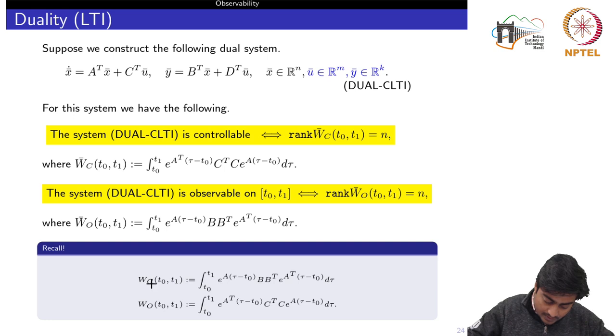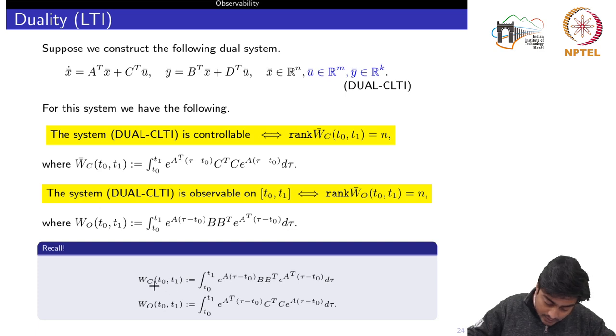Recall the controllability Gramian and the observability Gramian which we had seen in the last slide. I put this on the same slide so that we can easily visualize the relationship between the controllability of the original system and the observability of the dual system. So this WC and WO are the Gramians of the original system, and WC bar and WO bar are the Gramians of the dual system.